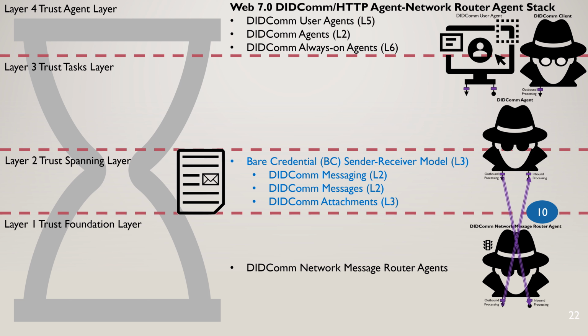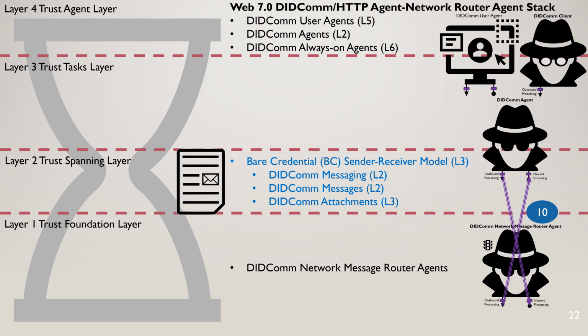Once messages are forwarded to that DIDComm network message routing agent at the bottom, then the messages are in the network. And it is a network of one or more network message routing agents that perform that intelligent message-level routing capability.